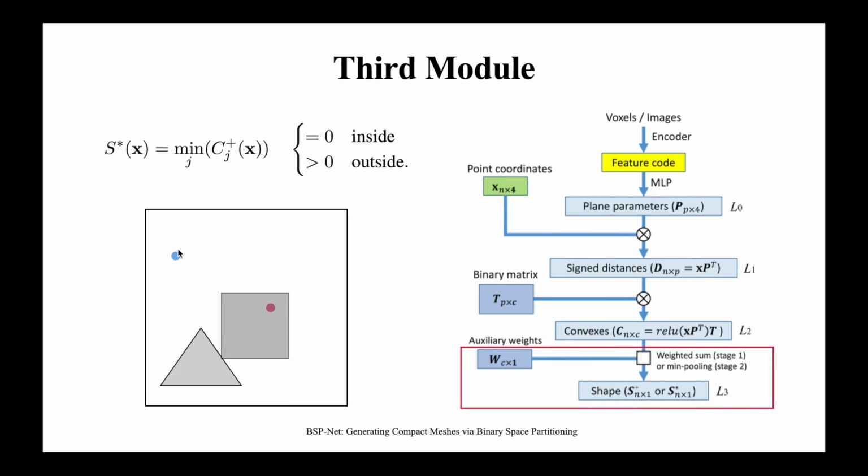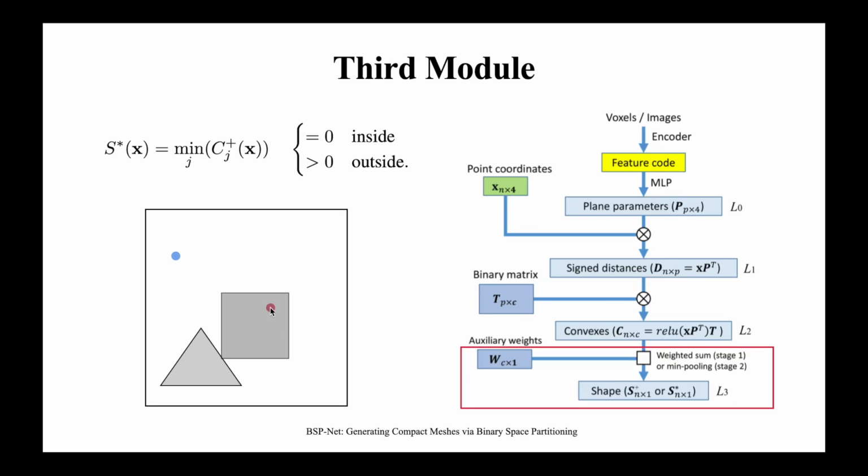Suppose we have a point here. As you can tell, it is outside both convex sets. Therefore, its distance values to these two convex sets are all positive. As a result, its minimal distance is a positive number, and this minimal distance also represents the distance from this point to the whole mesh.